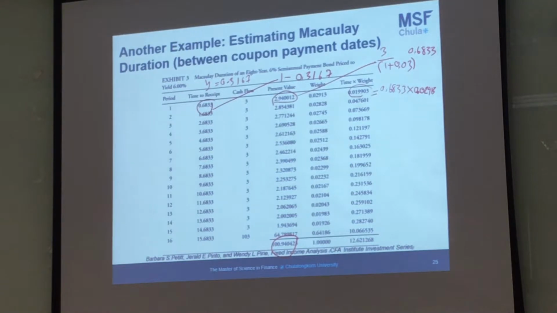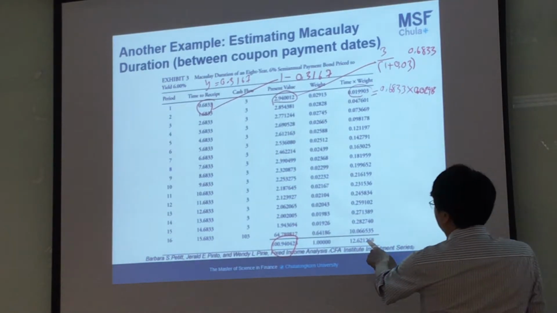Okay, so take the sum of the last column, and you get the Macaulay duration. The last column is the Macaulay duration.